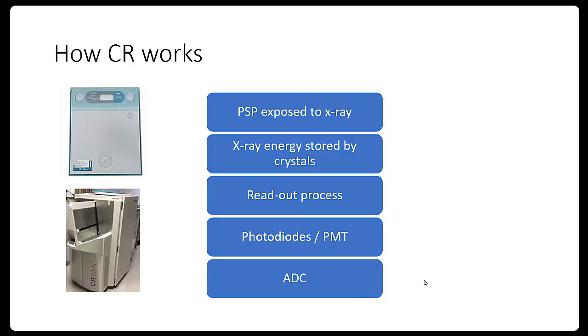So we'll have an ADC component. After that, the electrical signal is amplified, digitized, and used to form an image. This is how an image is formed in a CR.